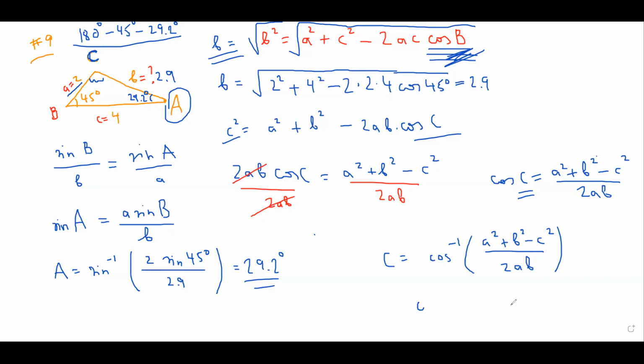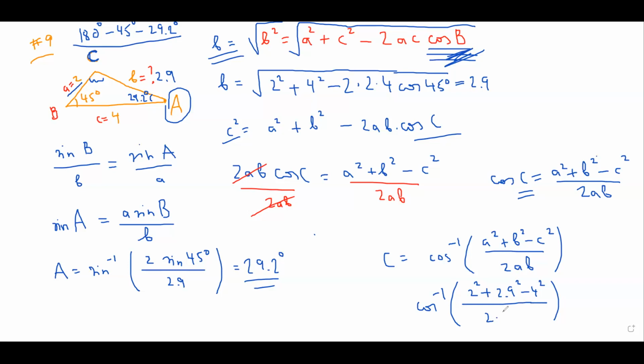And now I'm going to deal with this. So I'm going to get the numbers that we already have for the sides. Instead of A, I use 2. Instead of B, I use 2.9 squared. And instead of C, I use 4. But notice that C needs to be with a minus sign, right?